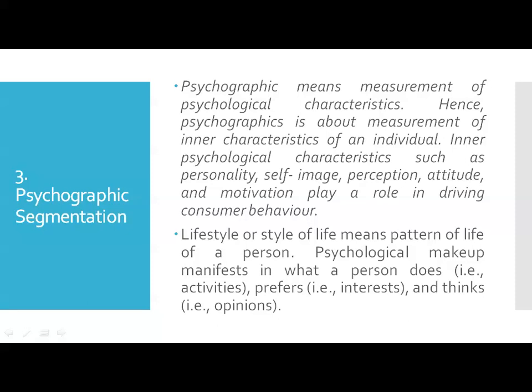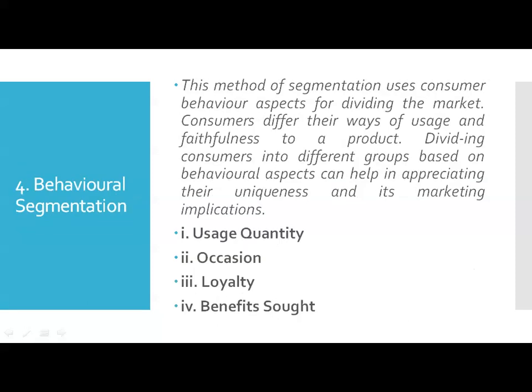So, psychological segmentation involves measurement of the consumer's AIOs. AIOs means activities, interests, and opinions. A for activity, I for interest, and O for opinions. So, this was about psychographic segmentation.